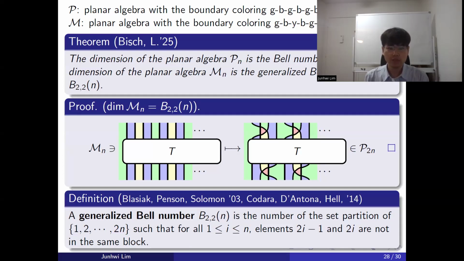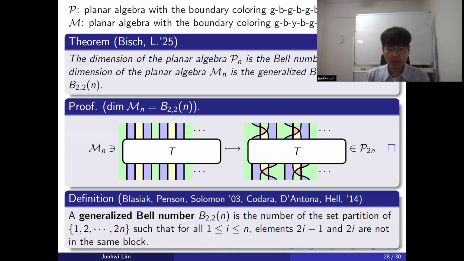And to compute the dimension, we consider the embedding of this vector space into the vector space with only blue and green coloring on the boundary. And if we consider the partition graph, we can show that the dimension is equal to the generalized Bell number, which is the number of set partitions of 1 to 2n, such that each block does not contain both 2i minus 1 and 2i for all i.